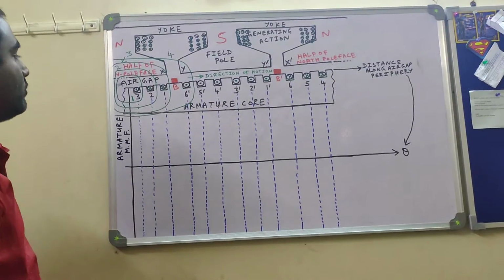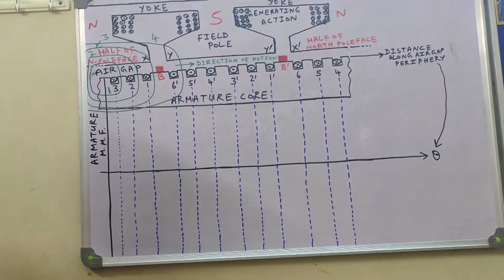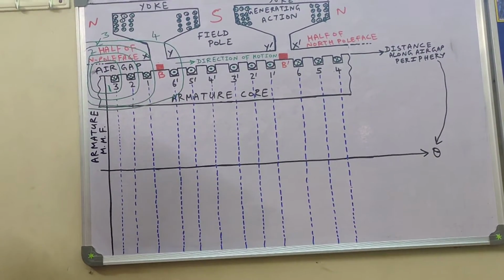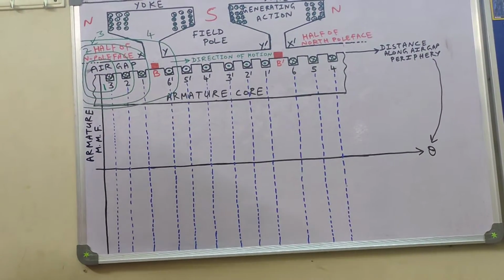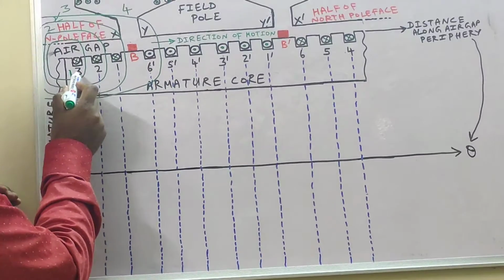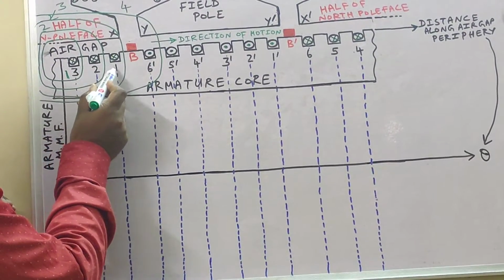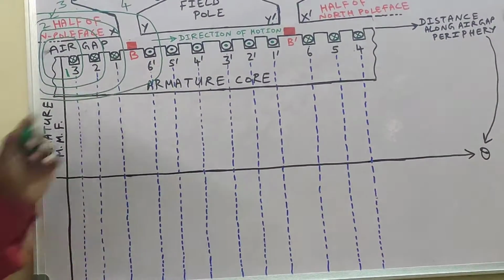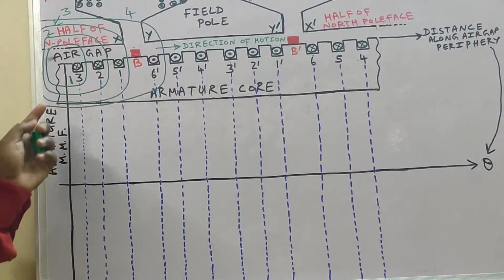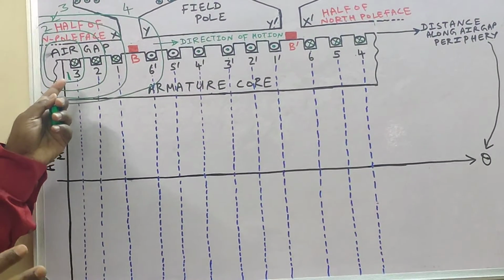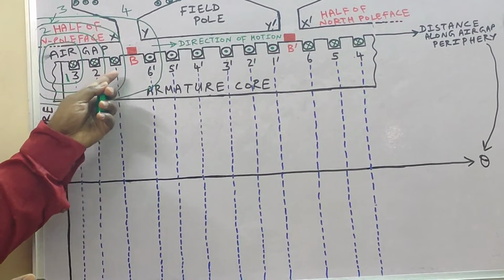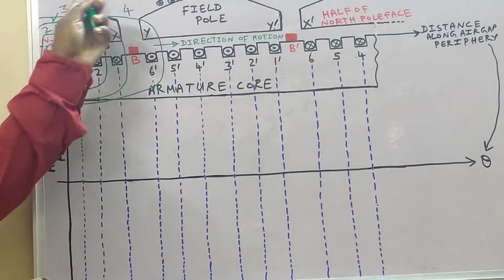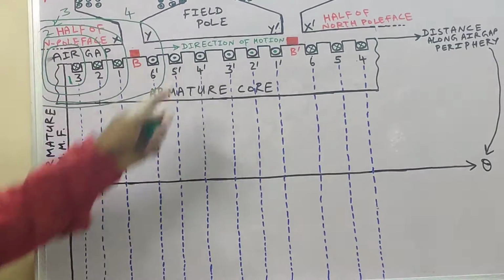What is going to happen in path number 4? It encloses conductors of slots 3, 2, 1 and 6 dash. How many slots are encircled? 4 slots: slot number 3, slot number 2, slot number 1, and slot number 6 dash. These are the slots encircled by path number 4.